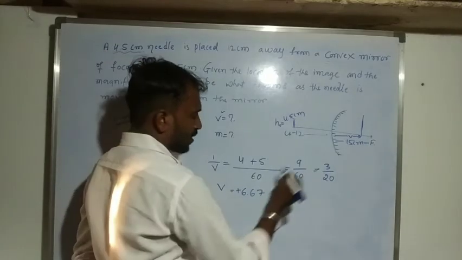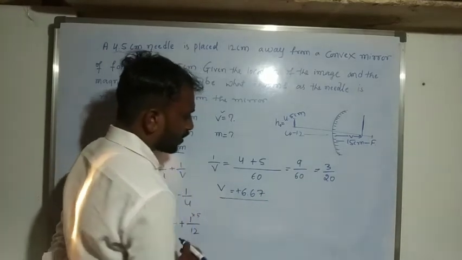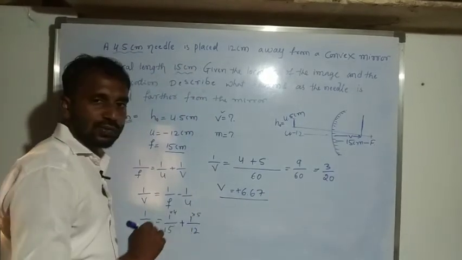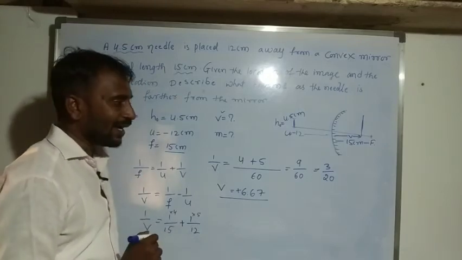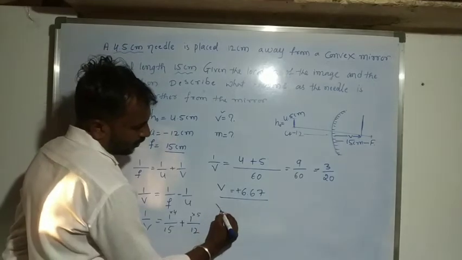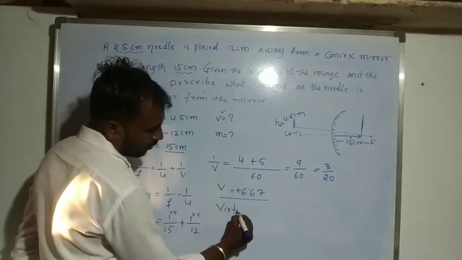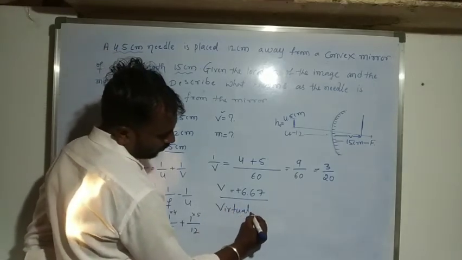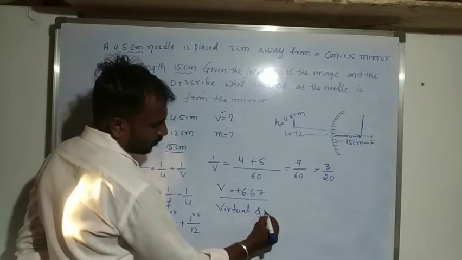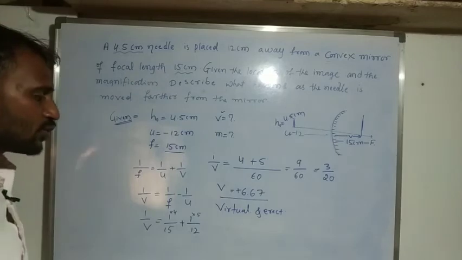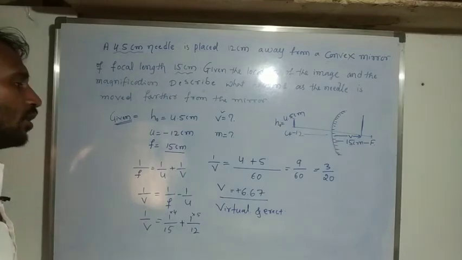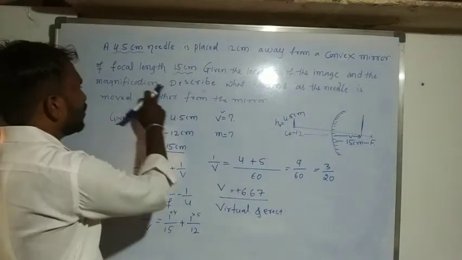So image distance is 6.67, and this one is a virtual image and erect. Virtual and erect image. Okay, next one, magnification.